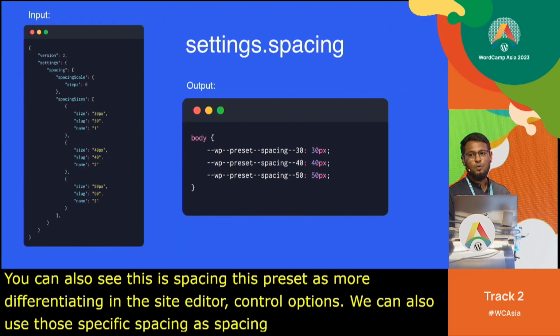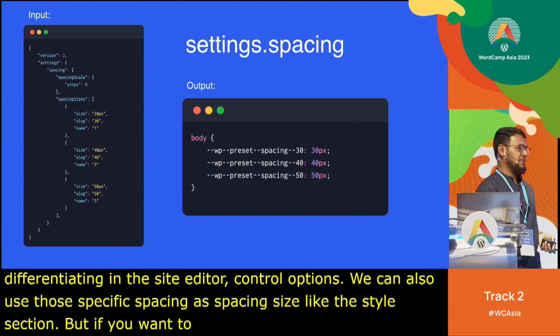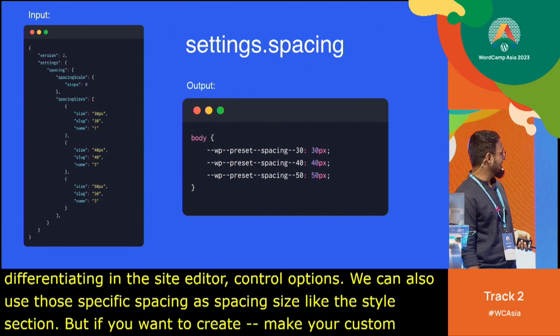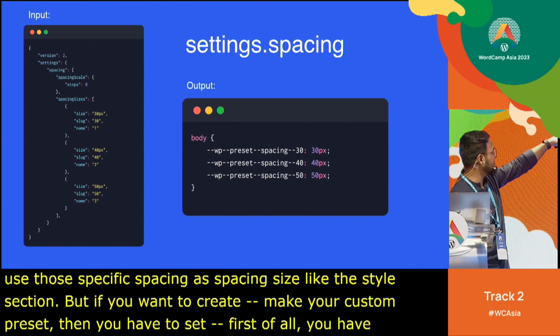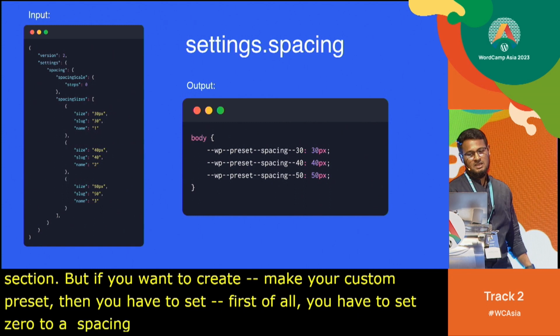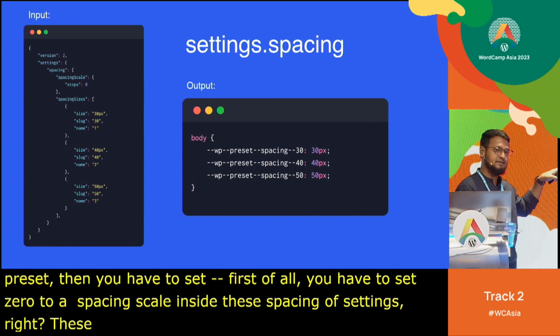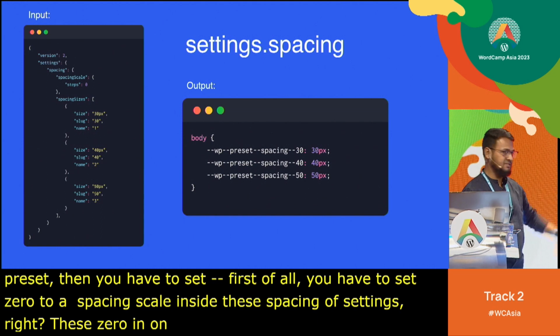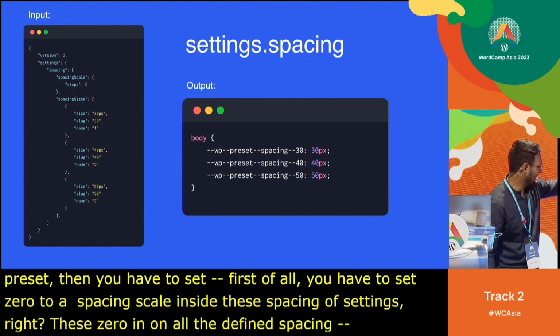But if you want to create your custom presets, then first of all you have to set 0 to spacing scale inside this spacing of settings. This 0 will omit all the default spacing presets. Then you can set this kind of step.